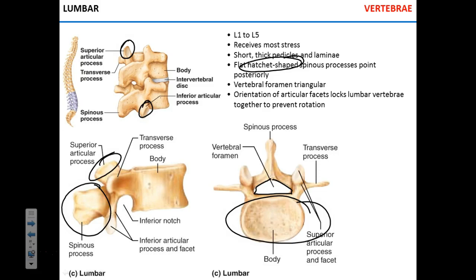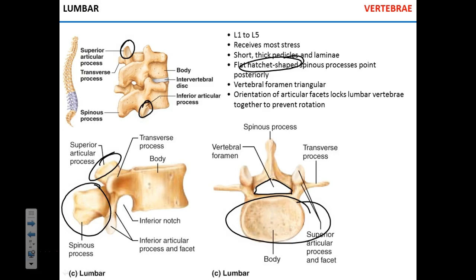So there is no rotation in the lumbar region of the vertebral column. Now, what I usually say, it's sort of a visual rule for the lumbar vertebrae: it looks like a moose head. It does look like a moose head, so if you see something like that, that's a lumbar vertebra.